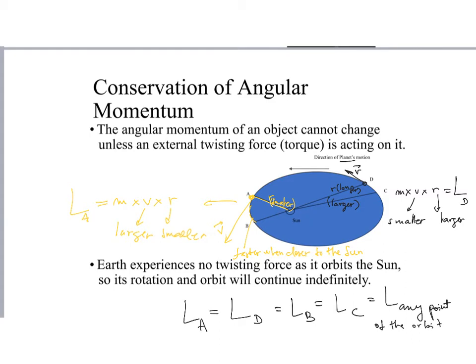So velocity changes, the radius changes, but there is something that stays constant.